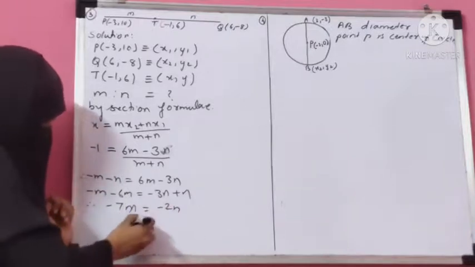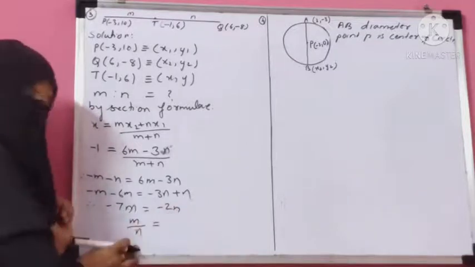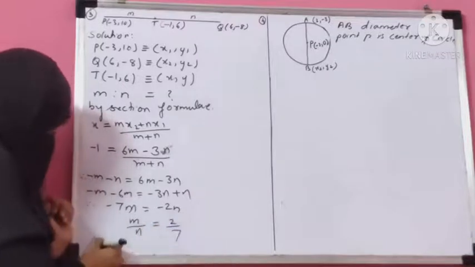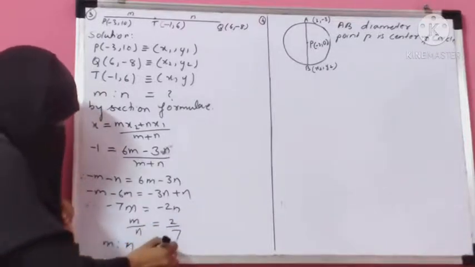The minus signs get cancelled, so m upon n is 2 upon 7. So the ratio m is to n is equal to 2 is to 7.